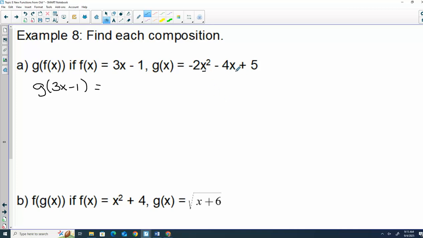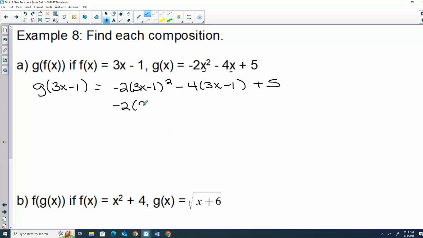It has to go in for both of those x's. So now what? Before you distribute that -2, you have to FOIL the 3x minus 1.